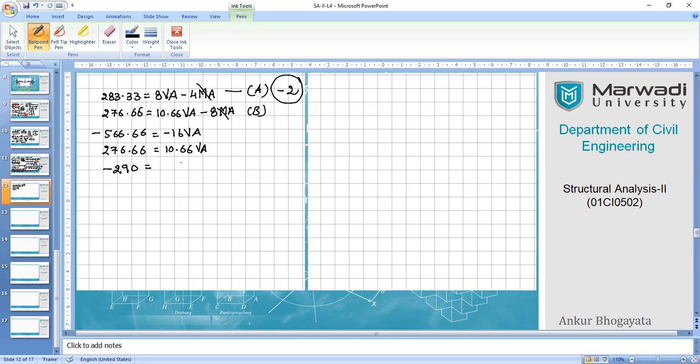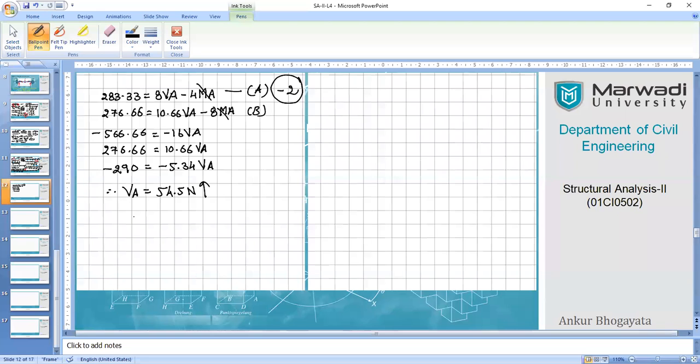So 16 minus 10.66 gives you 5.34, that is also negative 5.34. That is your VA. So happily we can ignore the negative signs on both sides, and VA will be 290 divided by 5.34. That gives you 54.5, so that is 54.5 Newton upwards. That is your first answer that you have obtained.